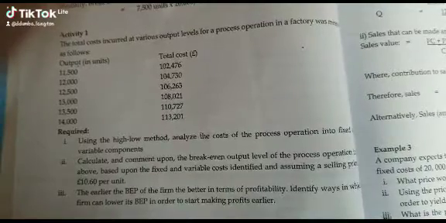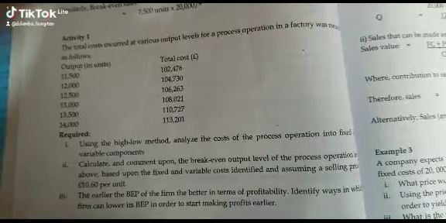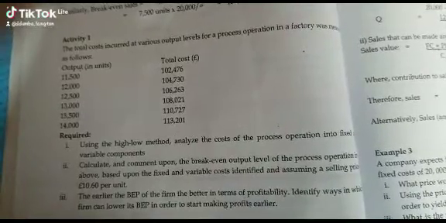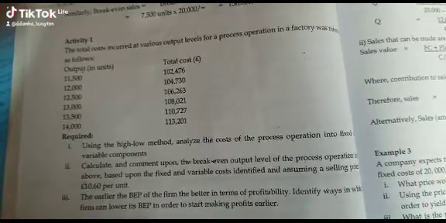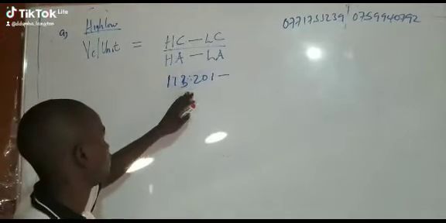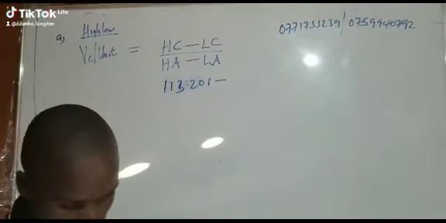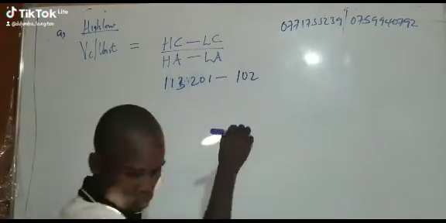You look through the total costs, and the first one is the highest: 113,201, minus 102,476, the lowest.